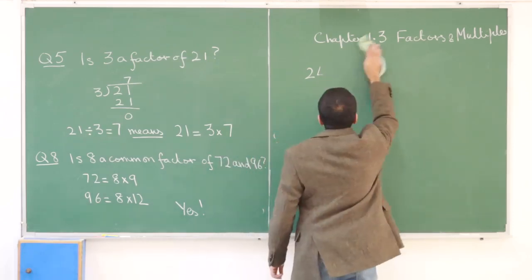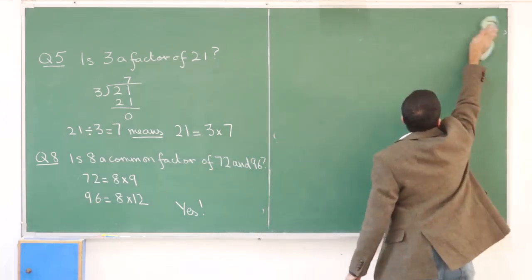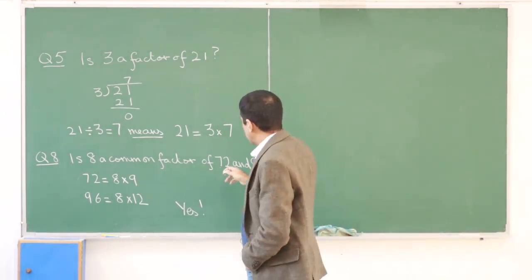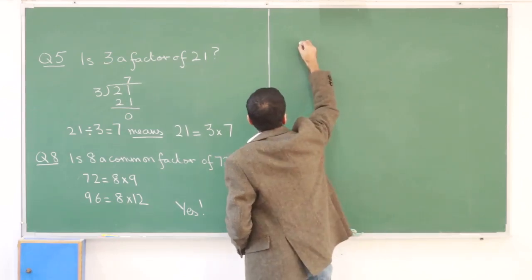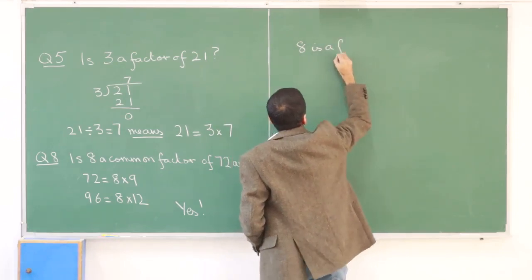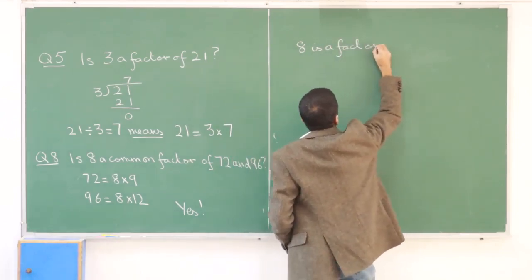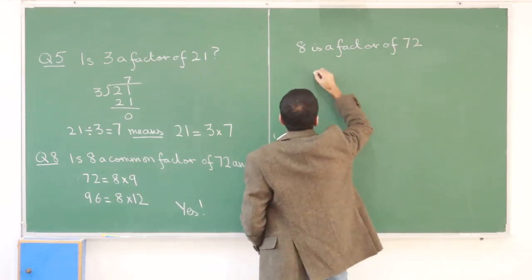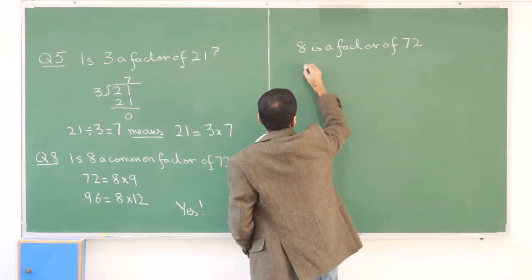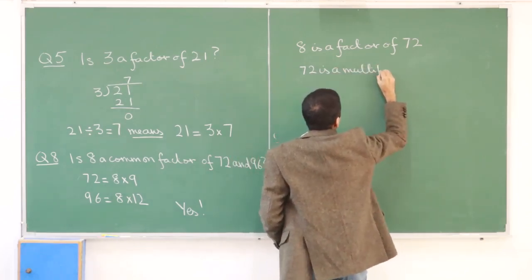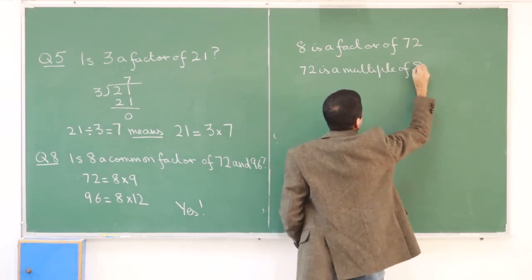If we say that 8 is a factor of 72, it means, in some sense, that 72 is a multiple of 8.